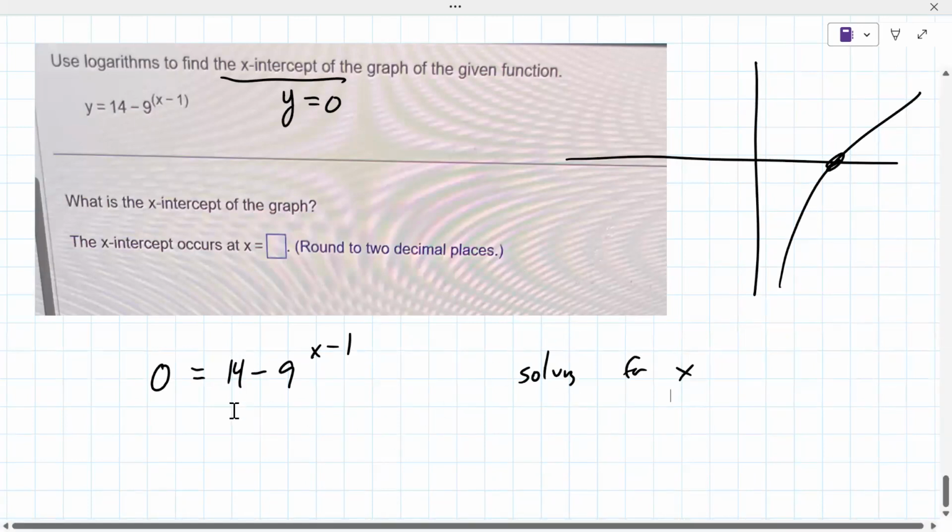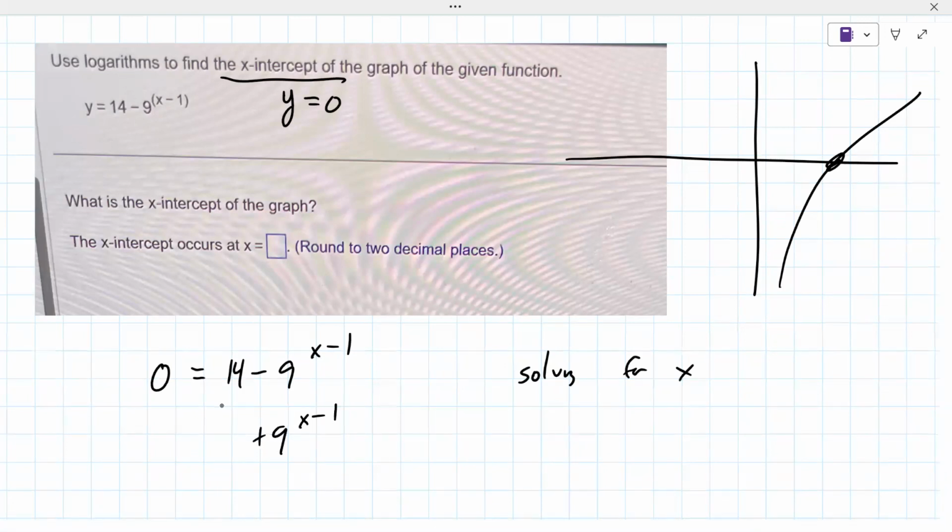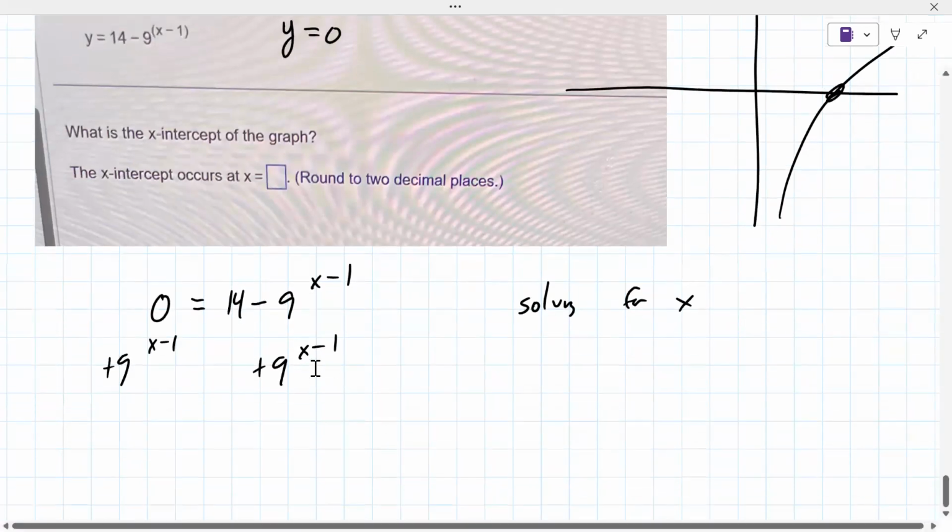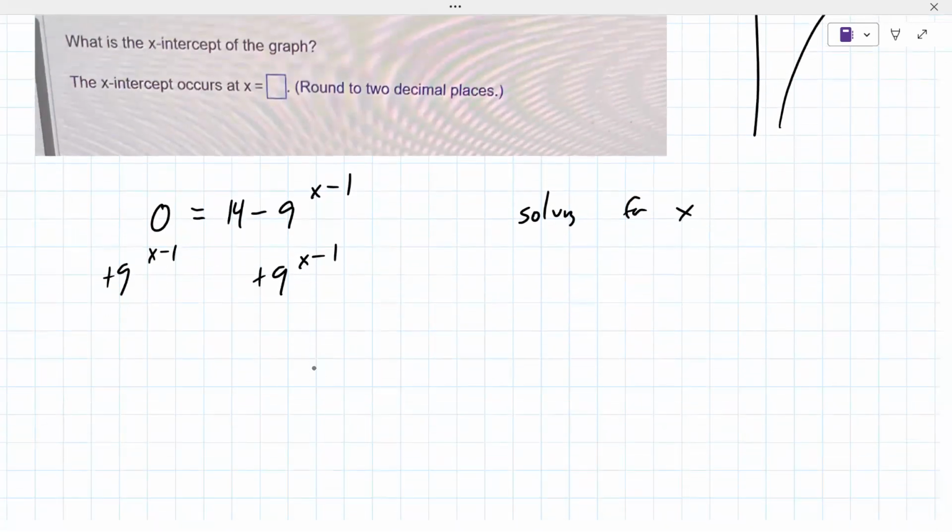Now, most of the time you would subtract the 14 from both sides, but I'm going to actually recommend moving this to the other side just to make everything positive. The kind of shortcut is to just put an equal sign in between the two because they're both positive.